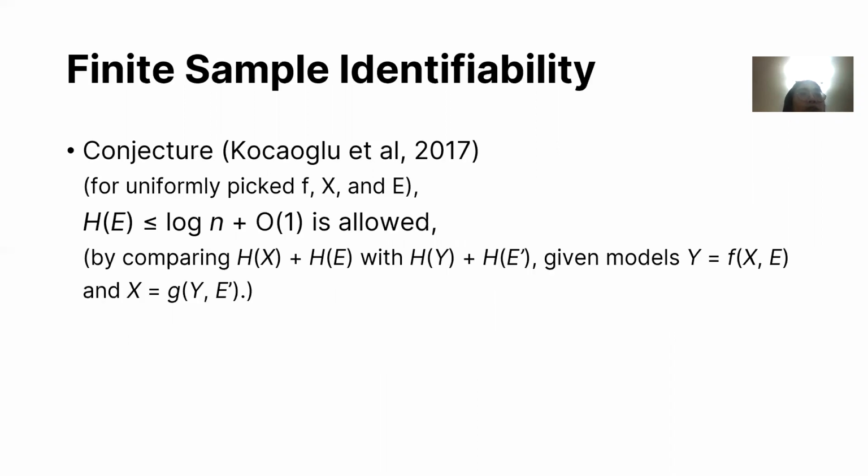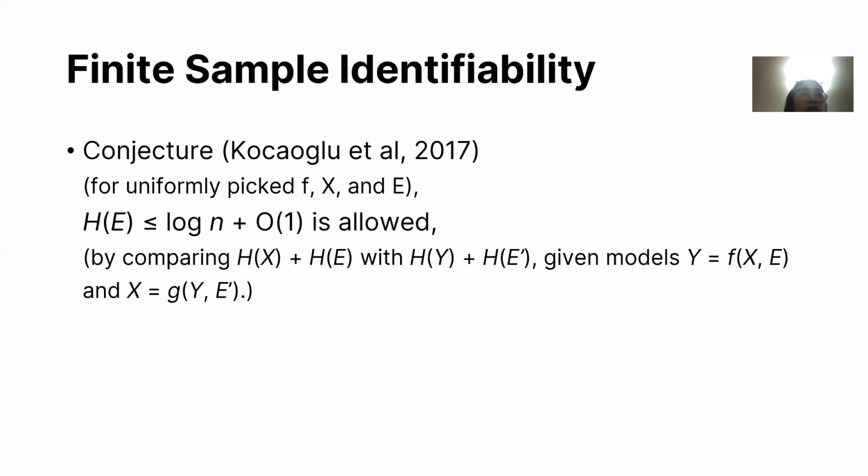So the pre-work of this paper conjectures the following: under some uniform sampling assumption, the entropy of the exogenous variable can be relaxed to the log of n plus some constant.